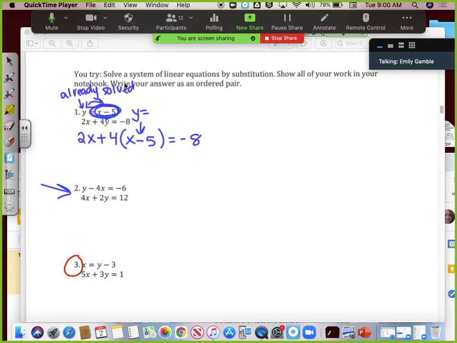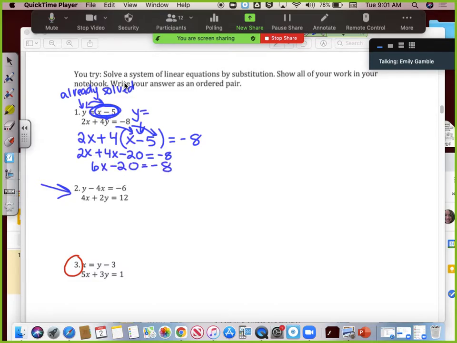The first step you should always take is getting rid of the parentheses. You'll do that by distributing 4 to both numbers. This becomes 2x plus 4x minus 20 equals negative 8. Now this just requires the skills that we learned at the beginning of the year when we were solving equations. 2x plus 4x is 6x.